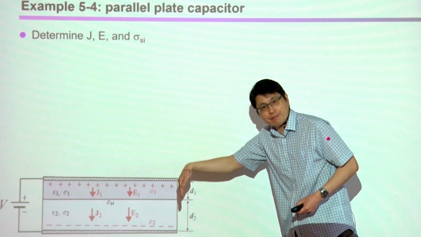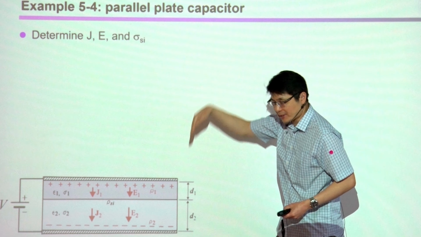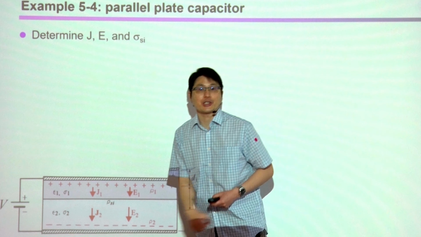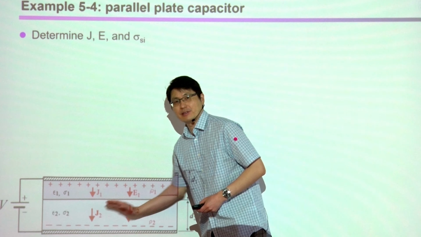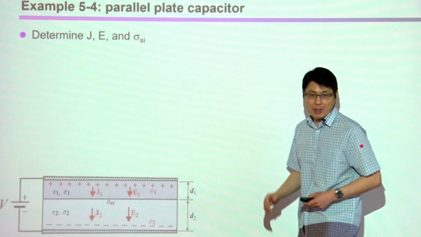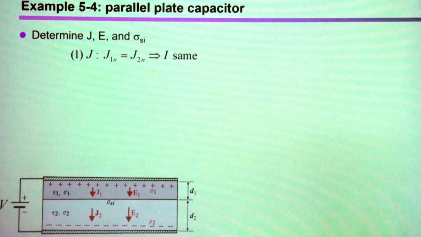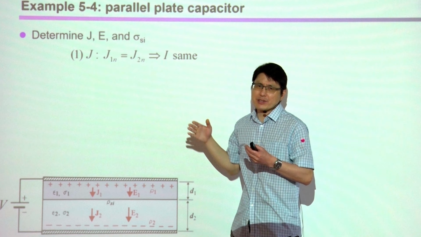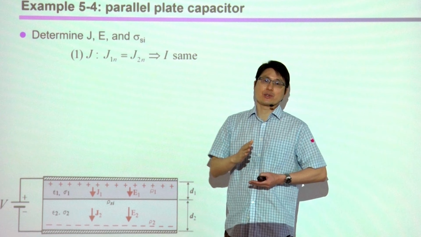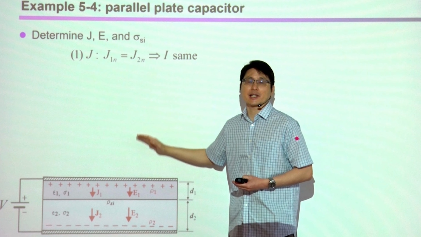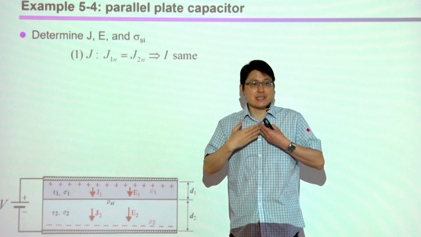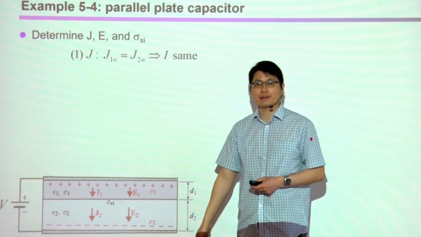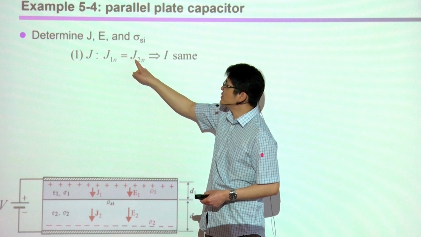So all the E fields and all the current densities are flowing in the normal direction. So we don't have the tangential components, right? So J1n is equal to J2n. So basically J1n equals J2n means the entire current is flowing smoothly, only in the normal direction, okay? So both J1n, J2n are equal.